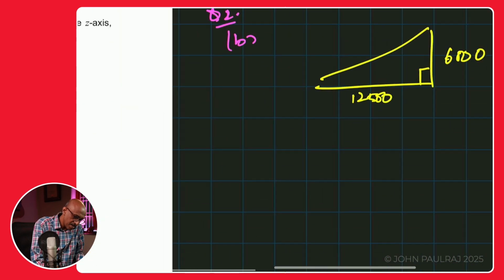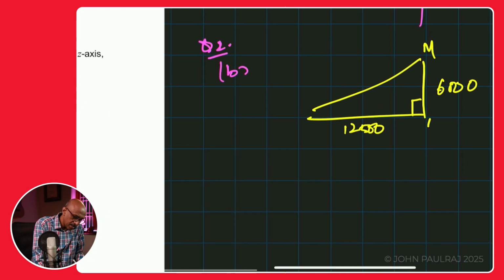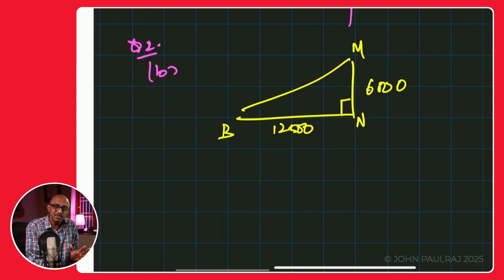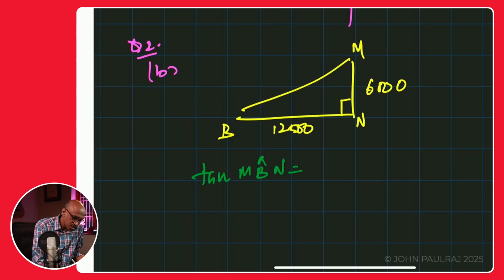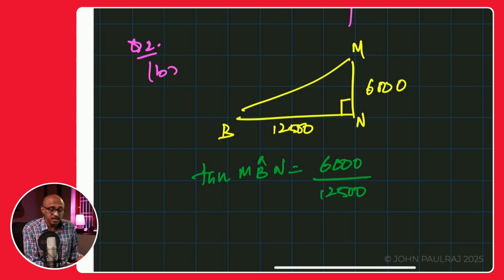M, N, and B for each of them, and once you've labeled it, you've clearly said what it is all about, then you can say the tan of the angle MBN should just be that 6,000 divided by 12,500. Can you guys see this color? Yeah, that's okay, that's visible.